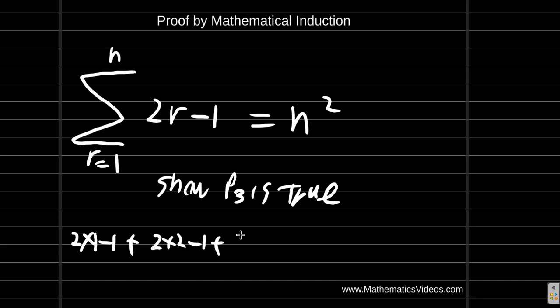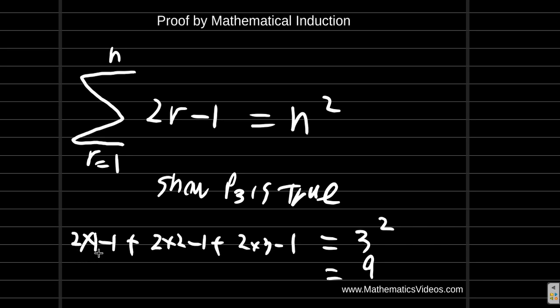In the third term, r is 3, 2 times 3 minus 1 is equal to, now, here, n is the last term. It is the third term, right? So it's going to be 3 squared. The right hand side says 9. 3 squared is 9. Let's see what we get on the left hand side if it's the same thing.